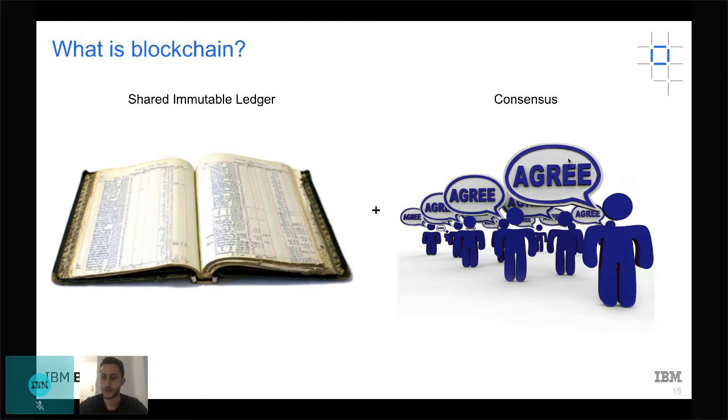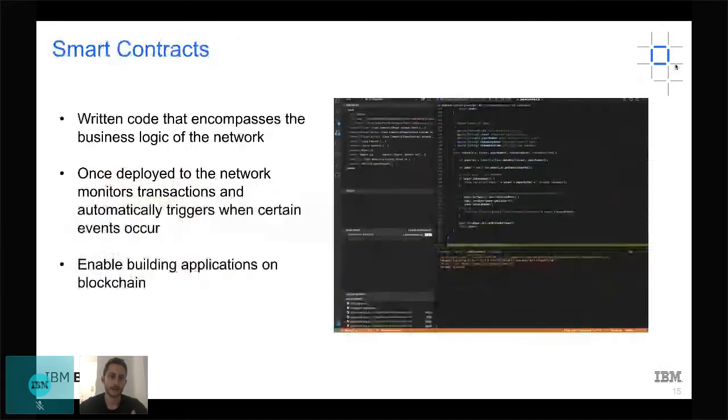And I think one of the next most important things that came out of this was smart contracts. Smart contracts are really pieces of code that let you implement business logic into your network, on top of that shared immutable ledger and consensus. It lets you take those pieces, agreeing on certain rules and having this immutable database basically that shows you the way transactions have changed over time, who owns assets, and what's happening in the world.